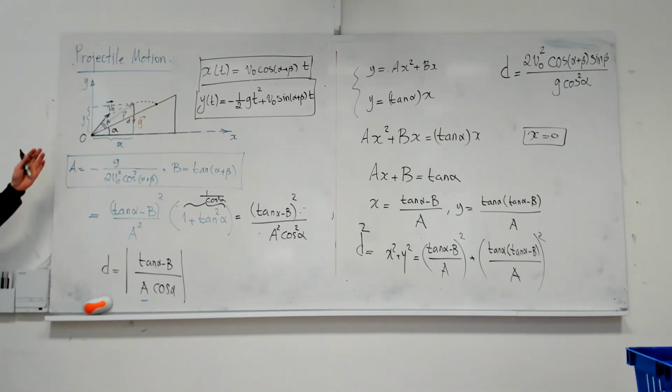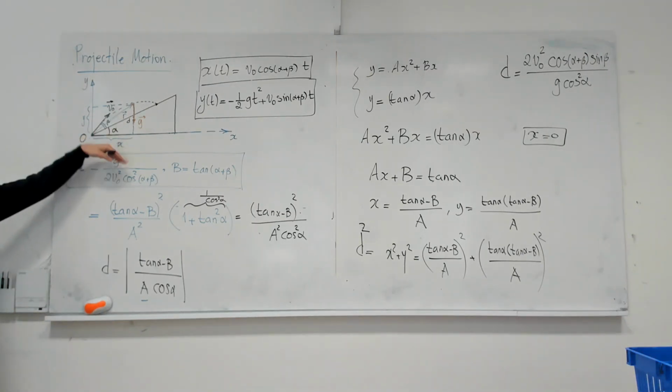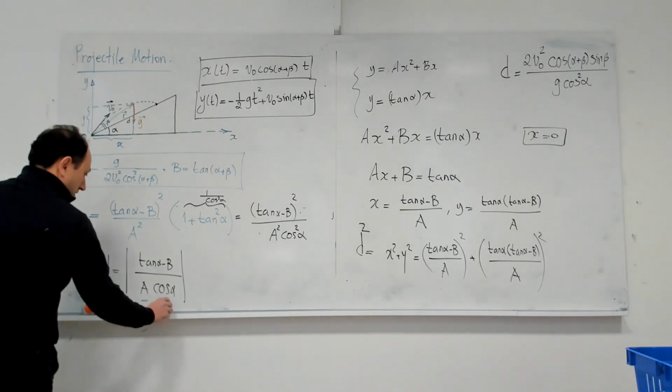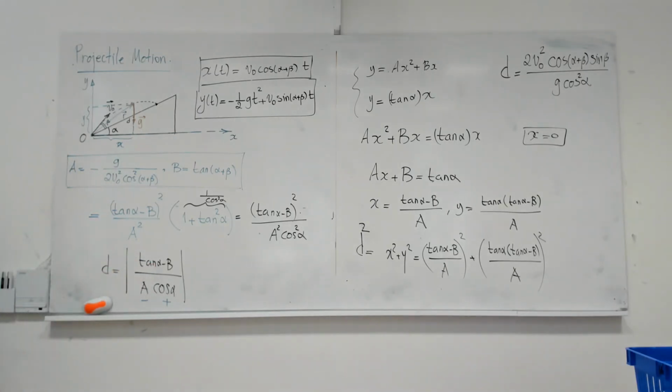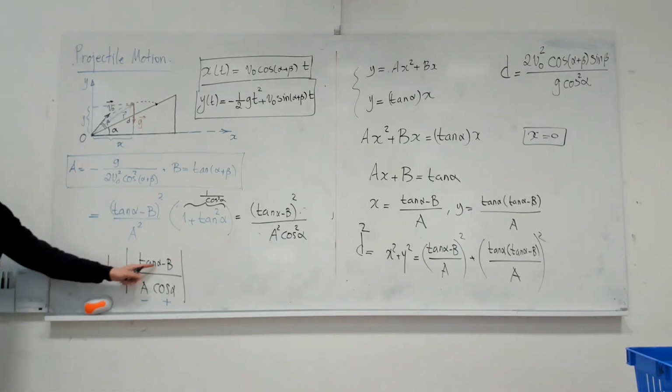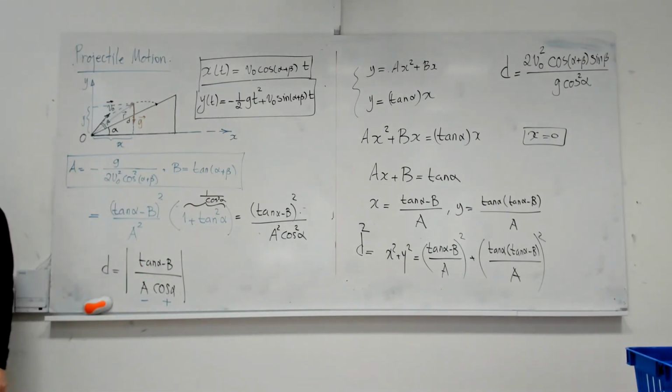It's a physics problem, so you're not shooting backward. So alpha should be somewhere in the first quadrant, it's not a negative slope that you're shooting. So cosine alpha is positive. What about tan alpha minus b? What is b? B is tan alpha plus beta. This one is tangent alpha. Tangent alpha minus tangent alpha plus beta. Positive or negative?